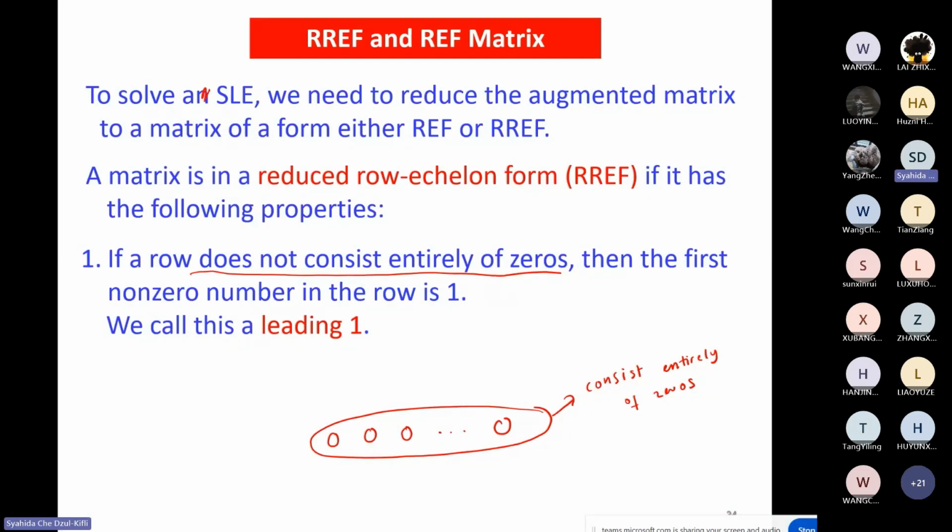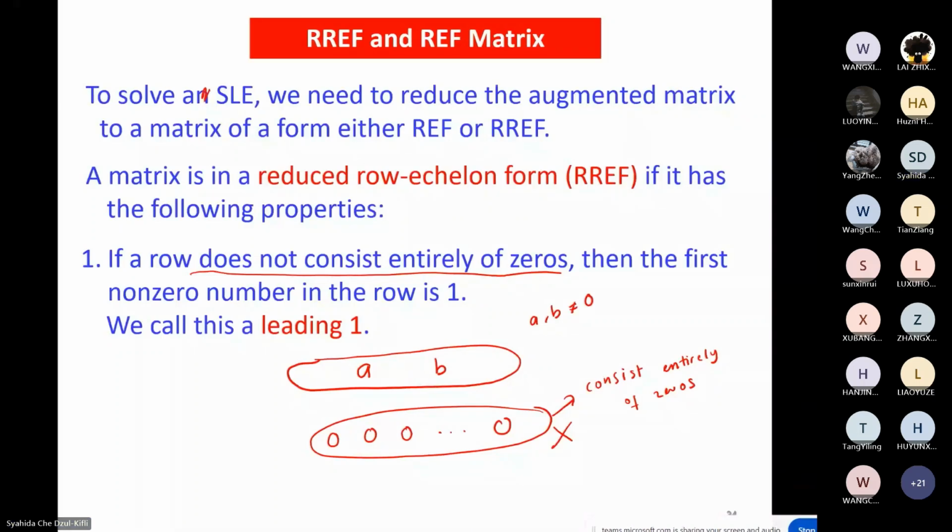If this is not the case, that means we have a row where there are some elements in the row that are not zero. There are some numbers in the row, doesn't matter where it is, and the number is not zero.